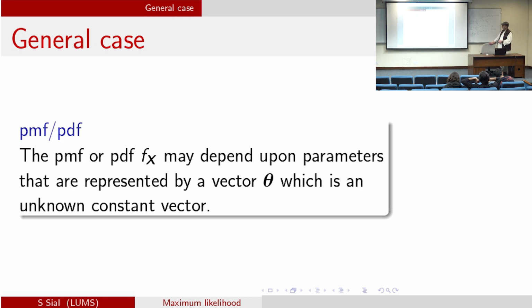So this PMF or PDF might have a bunch of parameters, and we think of them as entries of a vector, and typically it's called theta. And that's unknown.